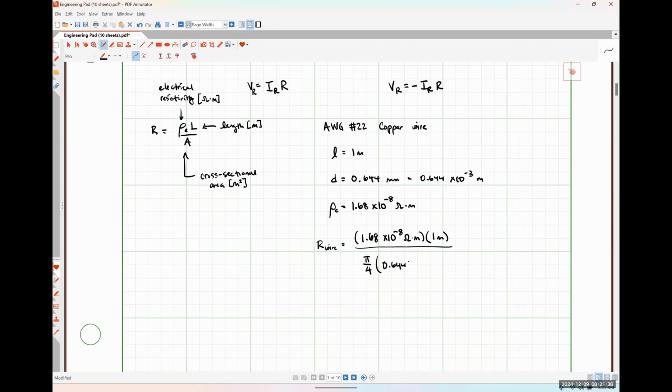So that's 0.644 times 10 to the minus 3 meters quantity squared. Let's throw this in our calculators and see what we get. So 1.68 times 10 to the minus 8 divided by 0.25 times pi times 0.644 times 10 to the minus 3 quantity squared.